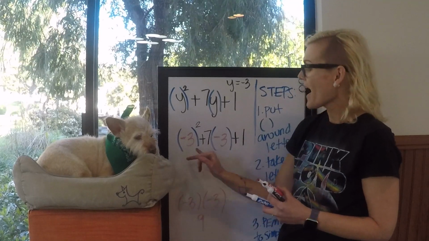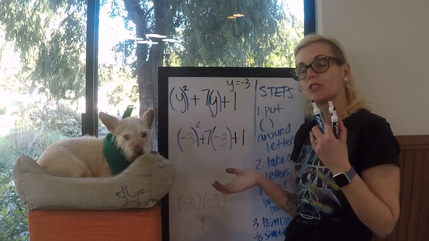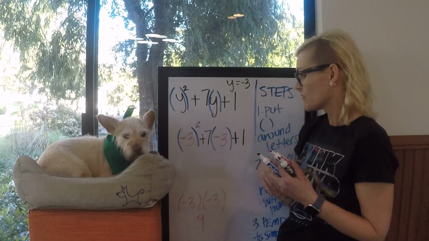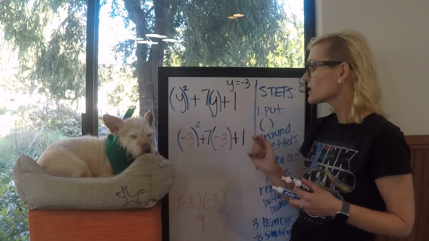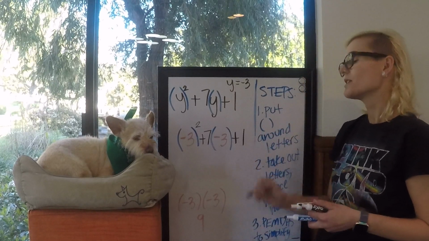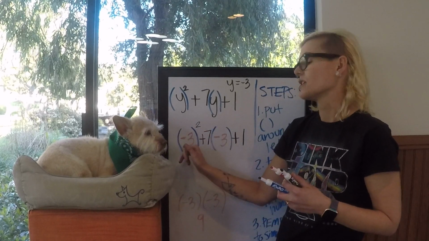If we hadn't put those parentheses around that negative, as we just saw in the previous review, we would have come up with a negative answer. So it's really, really important that you always put parentheses around your letter, because you will get a negative answer if you don't.